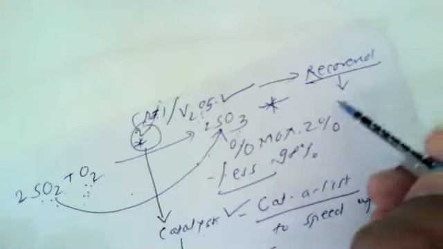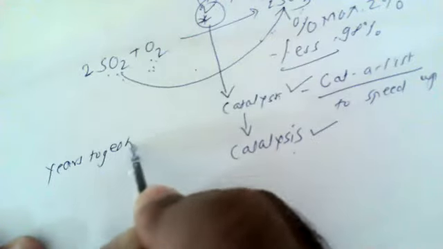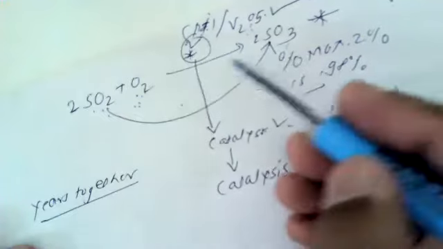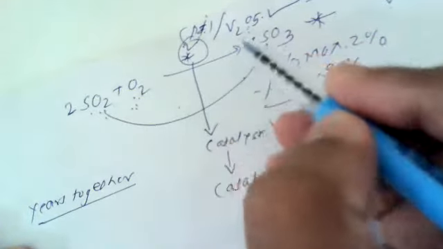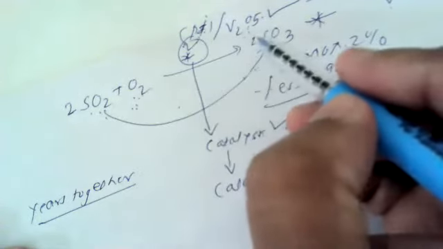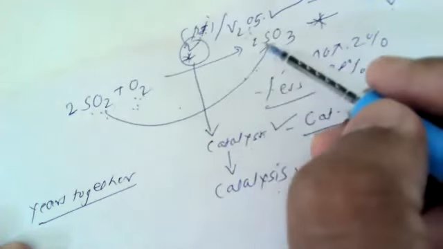That means the same substance can be used for years together. It is not at all necessary to use another catalyst for some reaction. The same substance which remains chemically unchanged at the end of a chemical reaction is known as a catalyst.